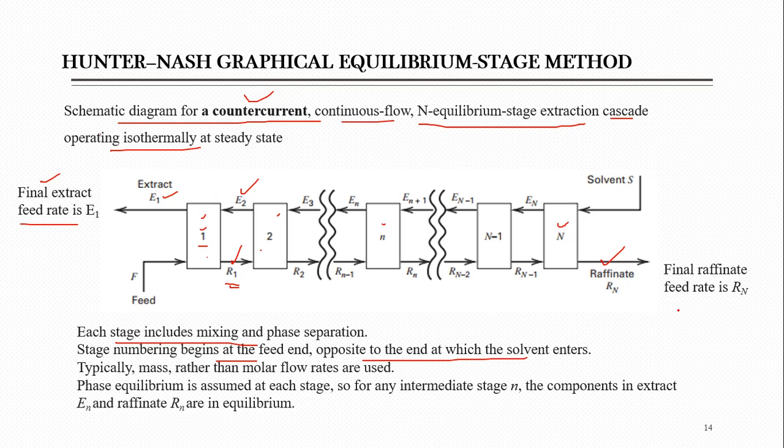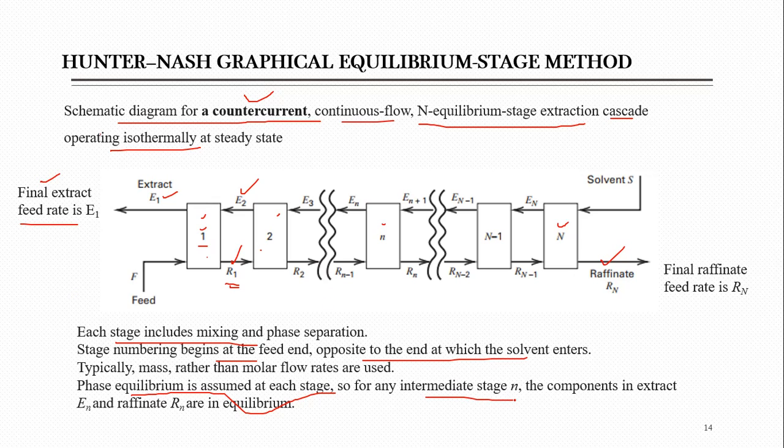So overall when you look at this system, at each stage the equilibrium is established or assumed. First of all the mixing will take place, and then for separation we need equilibrium. So equilibrium is assumed at each stage. When equilibrium is reached, you get the extract and the raffinate separated at equilibrium. So at any intermediate stage, the components in the extract and raffinate are in equilibrium.